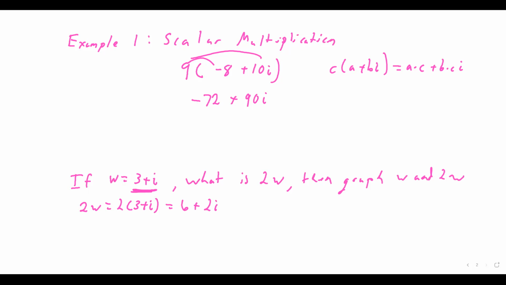The next task is to graph both the original W and the new 2W that you just solved for. I'm going to try my best with the graph here. You'll have graphs on your assignments. Let's pretend these are nice straight lines. If I wanted to graph W, what is W's coordinate? 3, 1.